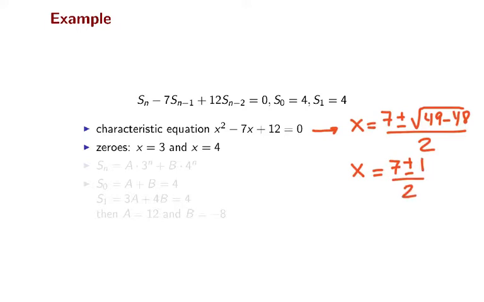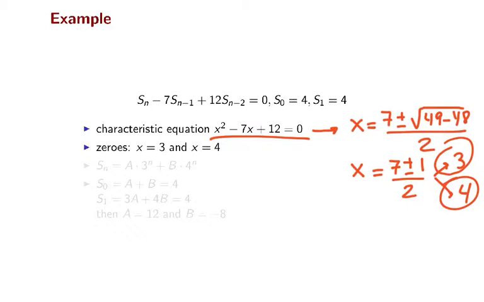So here we can see that the two roots are going to be 7 minus 1, which is 6 over 2, which is 3, and 7 plus 1, which is 8 over 2, 4. So then the two roots of this polynomial are 3 and 4, and that finishes the second step of the algorithm, that is finding the roots of this polynomial. The roots or zeros of that polynomial are going to be 3 and 4.